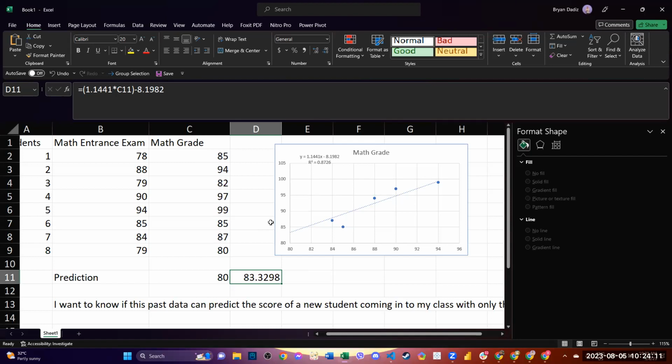For that allowance error, I would decide that 80 would be the determining factor for me to accept the student because eventually he will perform good and pass the course if the student has a grade of 80 on his math entrance exam. Do you have any questions to this one?